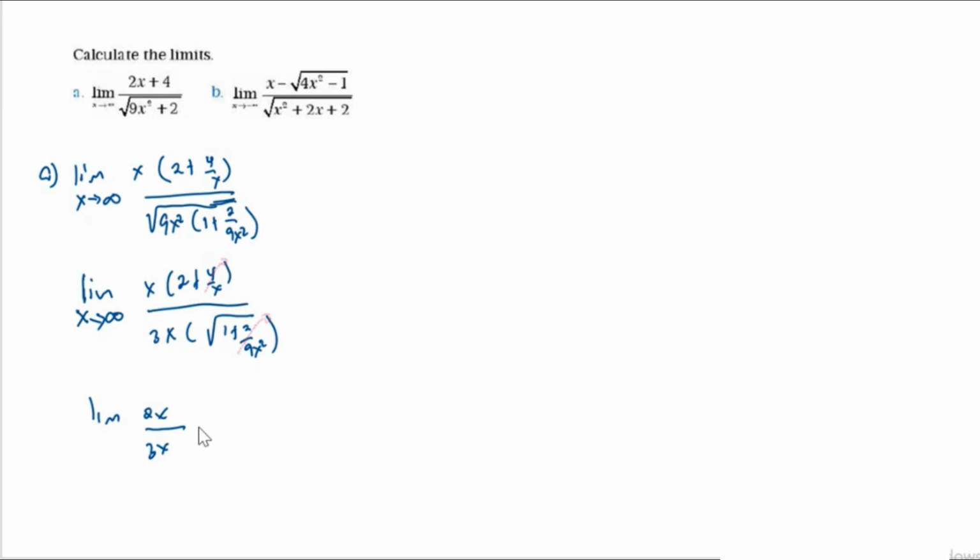The square root of 1 is also 1, so 1 times 3x is 3x, as x approaches infinity. Simplifying this, 2x over 3x, the x will be cancelled. So the answer will be equal to 2/3.